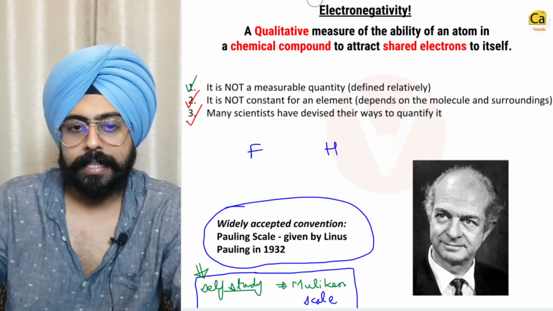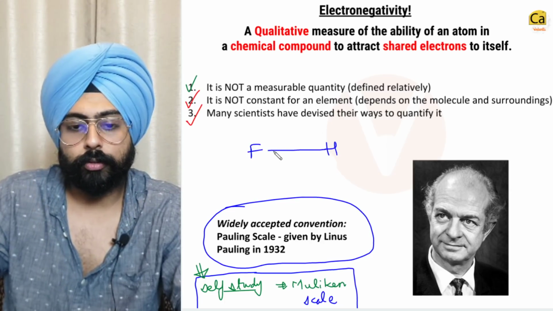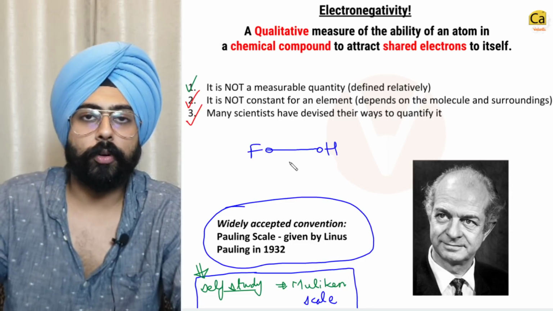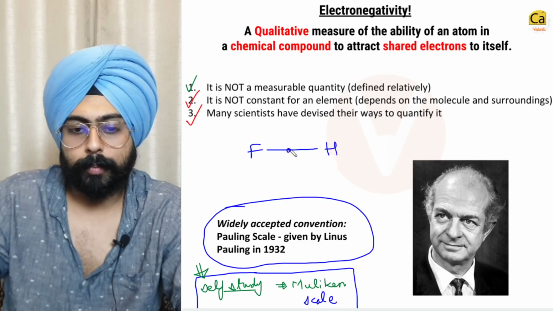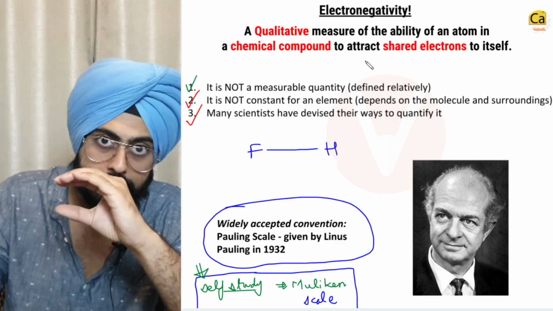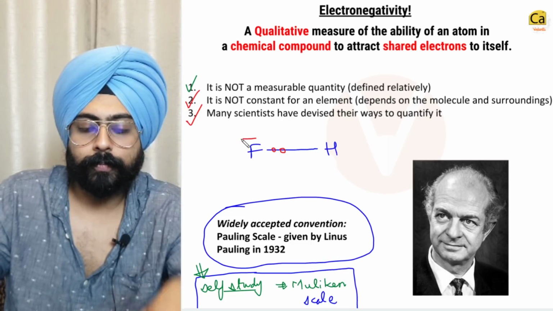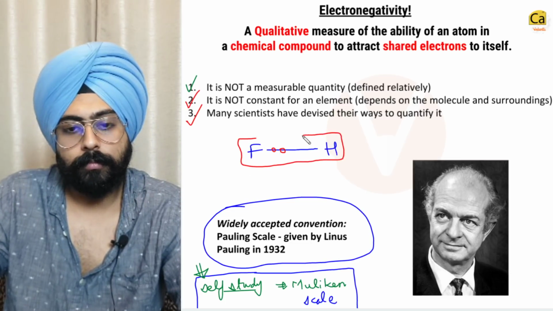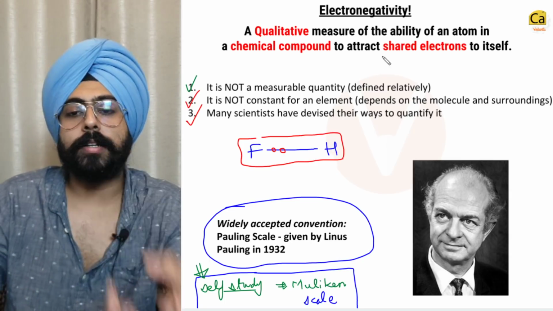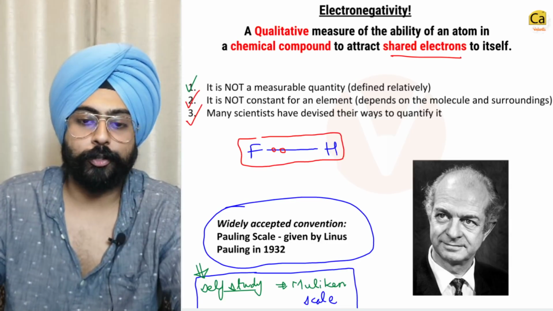So if you think in an ideal picture that the electrons are distributed uniformly, as close to hydrogen as to fluorine, if you think that they will be right in the center, no. The electrons over here will be more towards fluorine. Why? Because fluorine has the tendency to attract the shared electrons toward itself more than hydrogen.